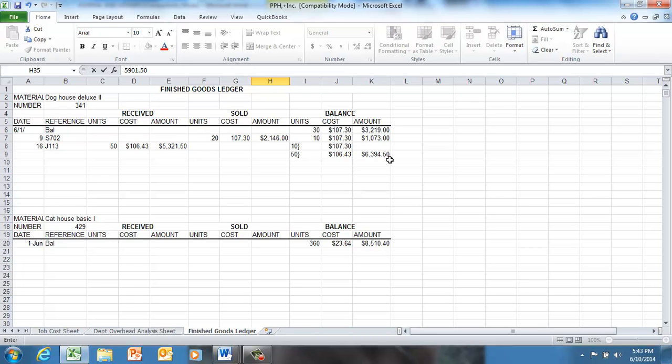When I go to sell these and ship them out, if I were selling 55 of these, I would first show these 10 at $107.30 being sold, and then the other 45 at $106.43 being sold. And then in the balance column, I would only have 5 left, and they would be at $106.43. You will not have this situation. We will not be selling any of these in this project, so you will not have to worry about that little bit of complication.